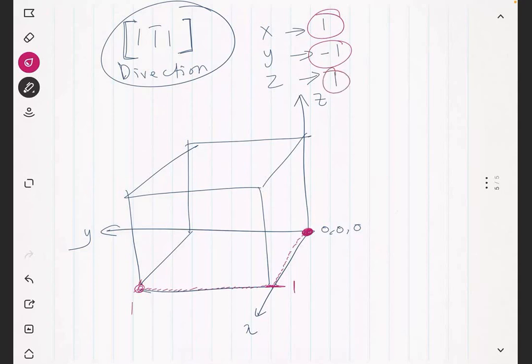Go upwards, go here until here. So this is the end, the destination. You need to draw a direction like this. This is origin, this is the head, and this is the tail.